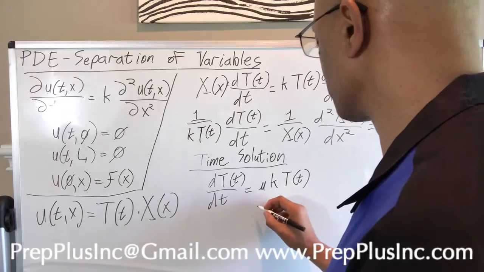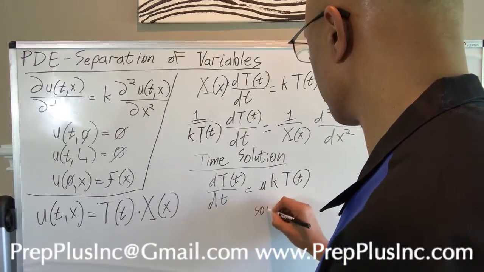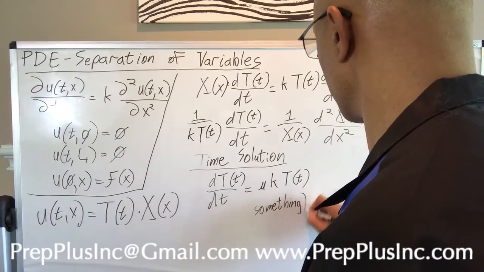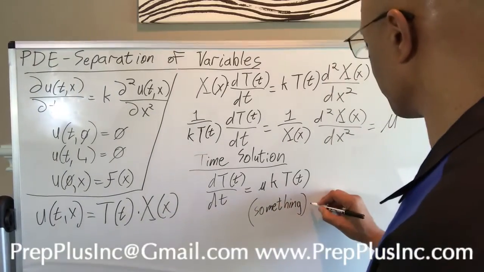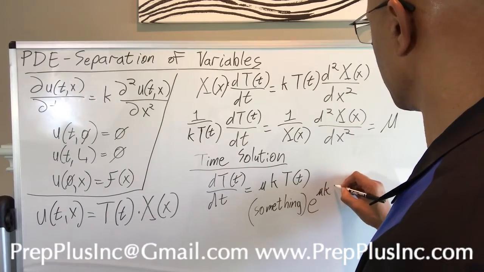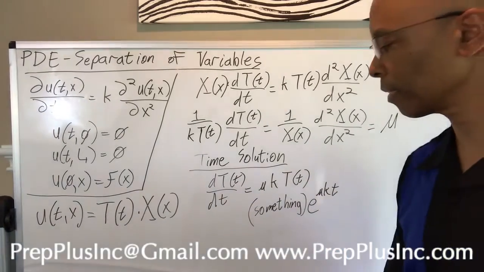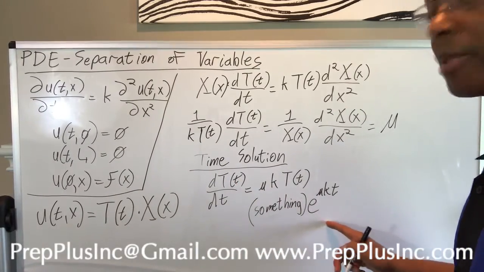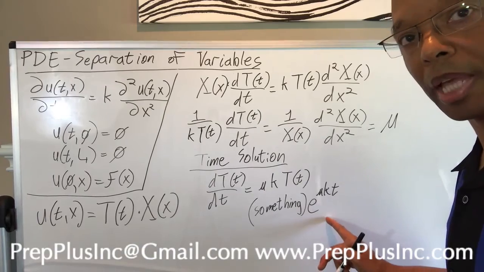We can write the solution as something times e to the mu k t. So the solution capital T is something times e to the mu k t.